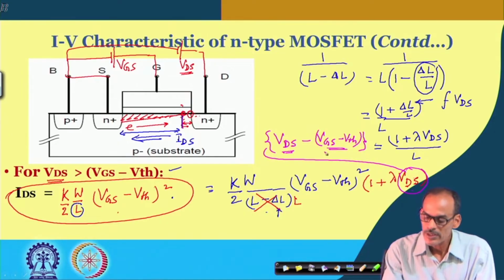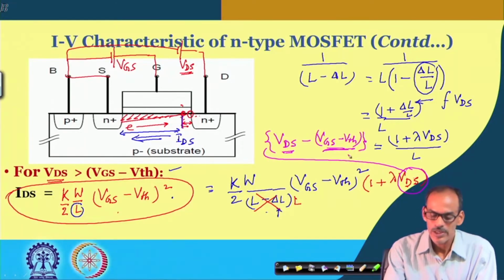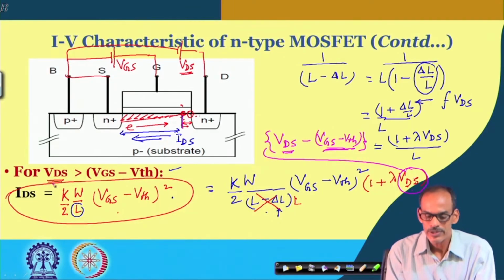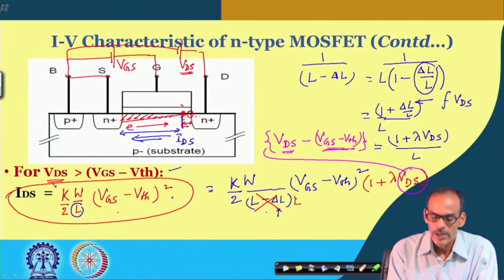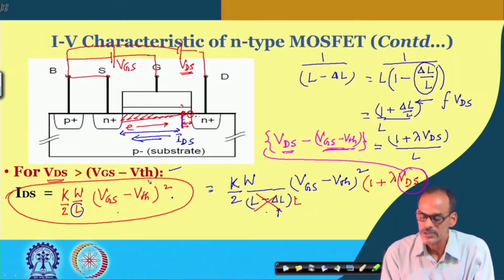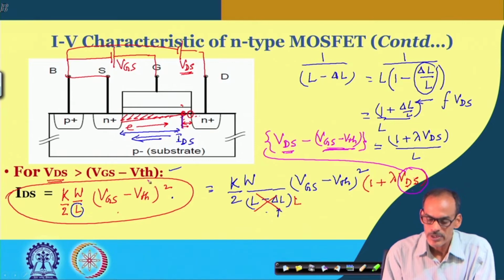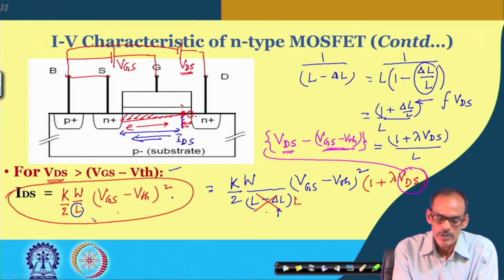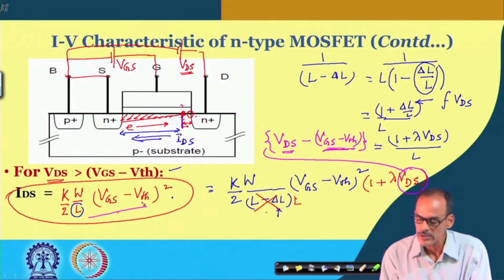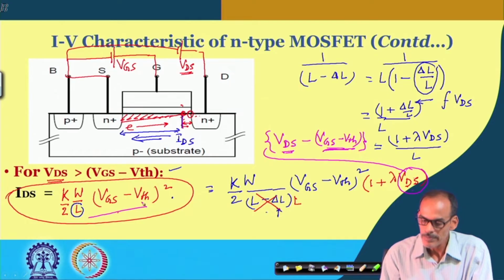This is the limiting value of the VDS up to which it had a different kind of behavior, and if you go beyond this, the characteristic all of a sudden changes. So we will see that these two regions have distinct behavior, and we will look into that in detail while comparing the characteristic across the two regions of operation in the subsequent slides.